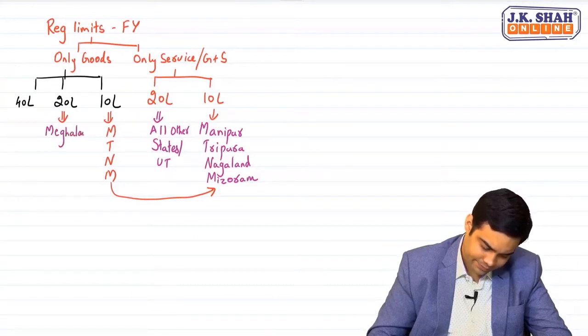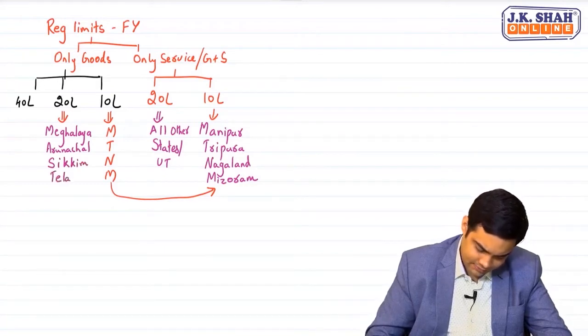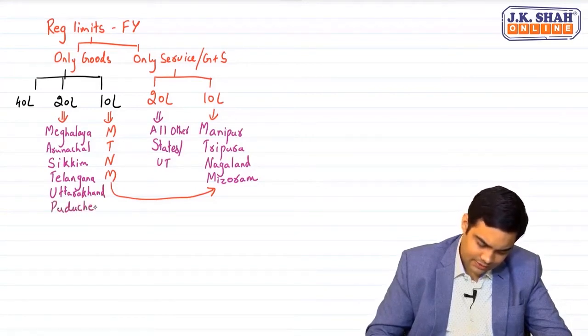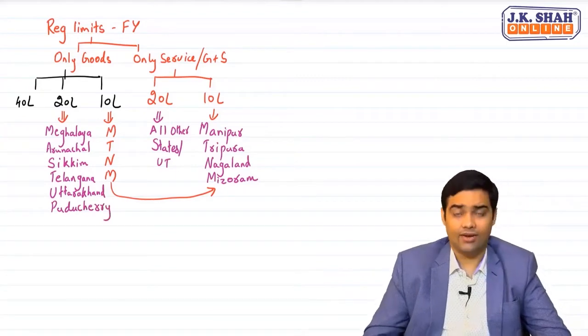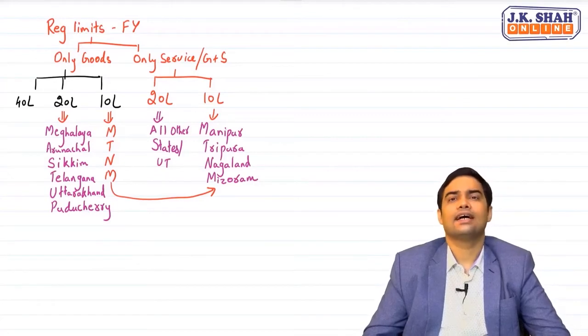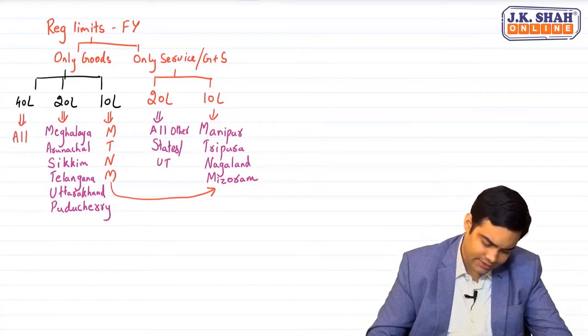Meghalaya, Arunachal Pradesh, Sikkim, Telangana, Uttarakhand, and finally Puducherry. These are the 6 states where the registration limit for goods only even today is 20 lakh. For all other states and union territories, the registration limit would be 40 lakh.